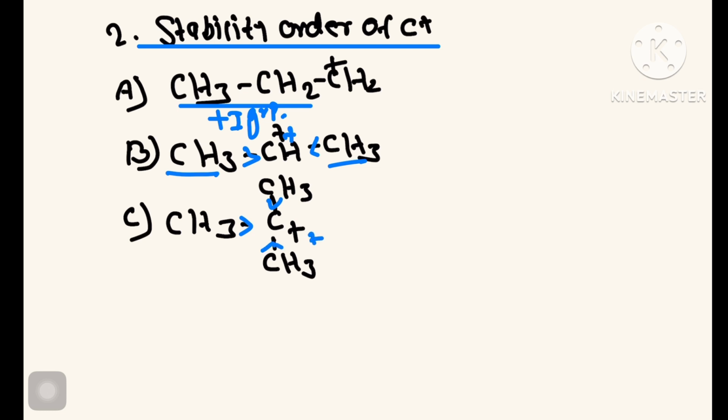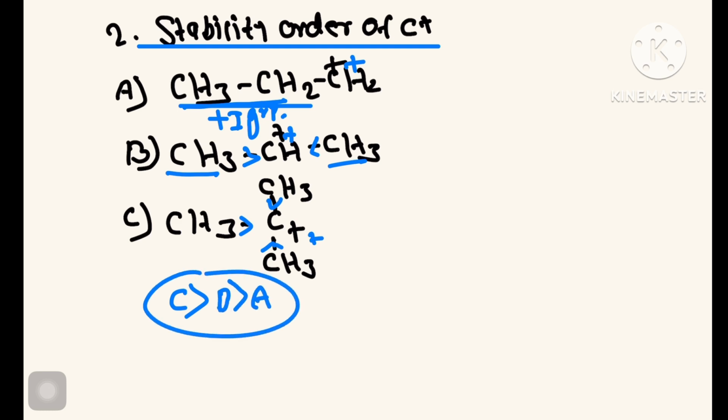Here 3 groups donating electron. Here 2 groups. And here this group donating electron. But I told you I effect is distance dependent. So positive charge decreases also here. But most positive charge decreases by option C. So here we can say which one is most stable? C. After that B. After that A. So you can say CBA, stability order.